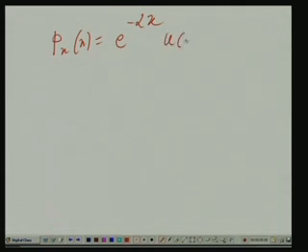As for another example, suppose it is given that Ux means unit step function, that is, it is 0 for all negative values of x and equal to 1 for all x greater than equal to 0.